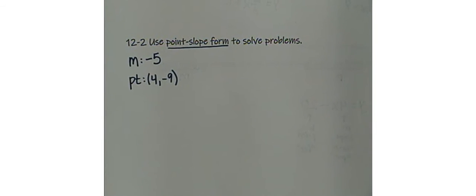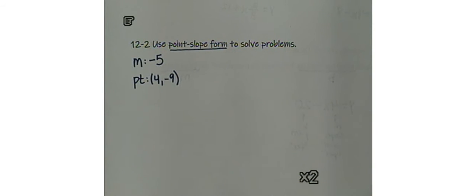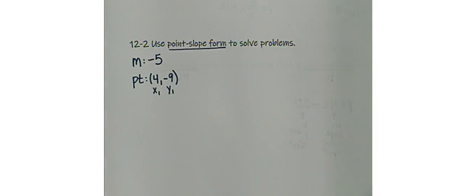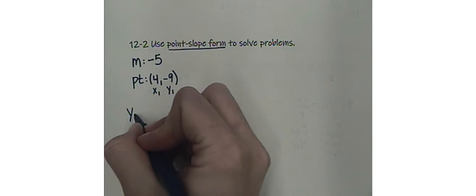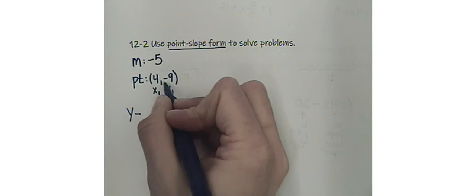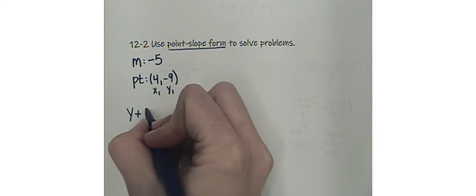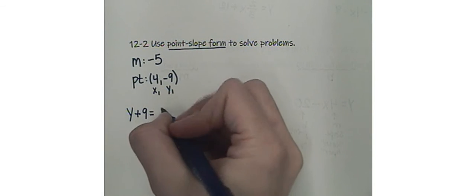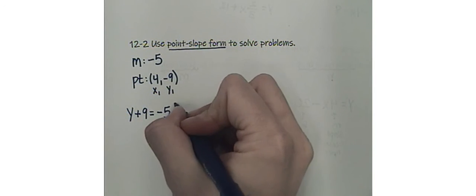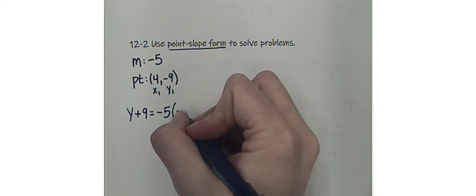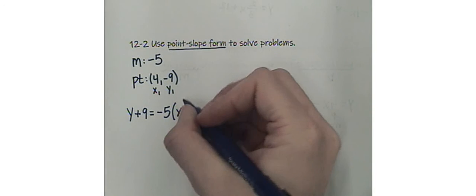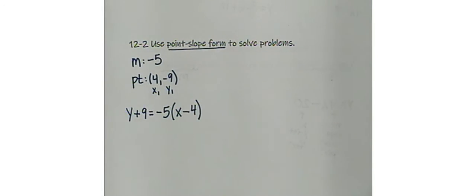You can do it. Label this x1, y1. So it's y minus -9. 2 negatives make a positive, equals my slope, which is -5, parentheses, x minus my x1, which happens to be 4.